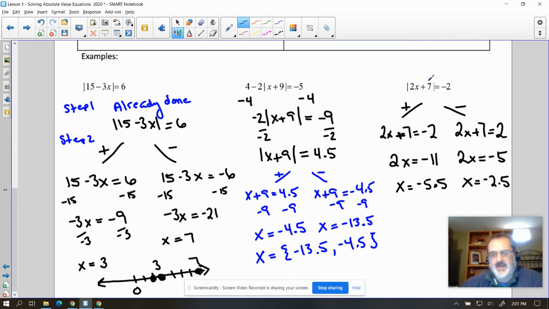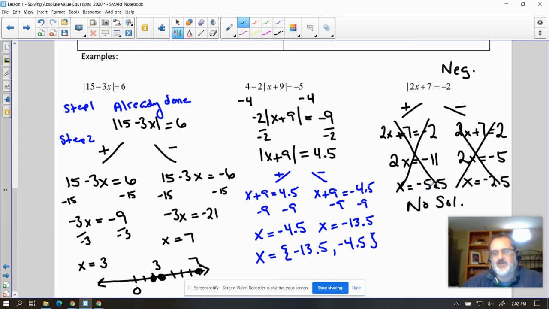If I try and take the absolute value of negative 4, I get positive 4. There's no way whatever value I have for x is going to ever equal a negative 2 if I take the absolute value of it. So in this example, I didn't really need to do any of this. I just need to keep in mind that whenever an absolute value is equal to a negative, there is no solution.